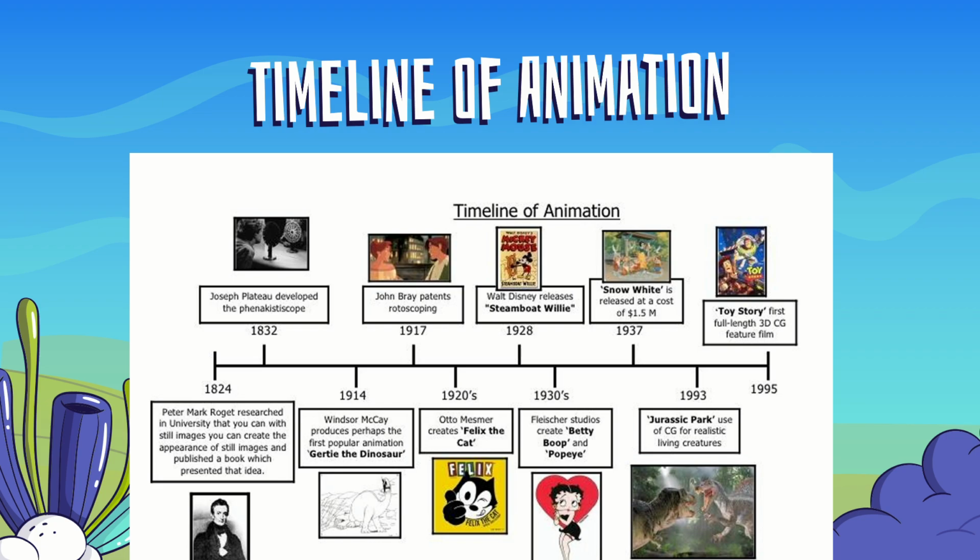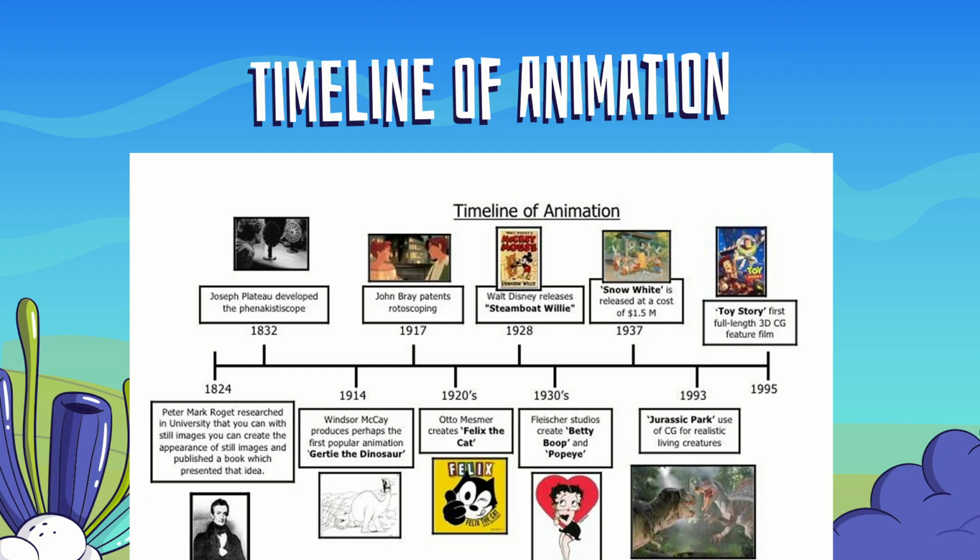That means the timeline of animation. Coming to the 1800s, the first animation tools like flipbooks and zoetropes appeared. Coming to the 1900s, Disney and other studios began hand-drawn animation, in the early 1900s, okay?